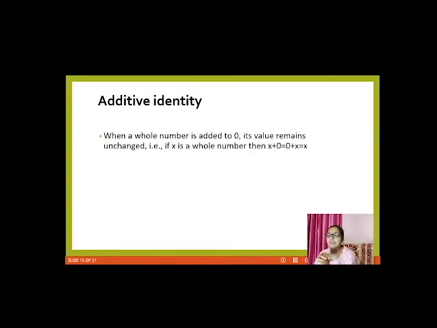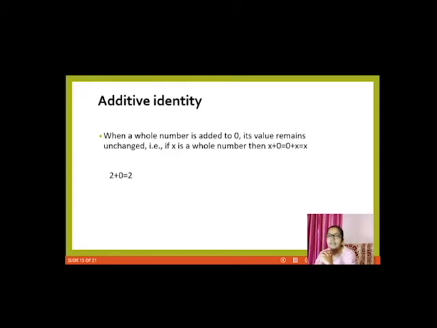For example, if you add 0 to any whole number, you will get the same whole number as the answer. That is, the identity of that number is not getting changed.